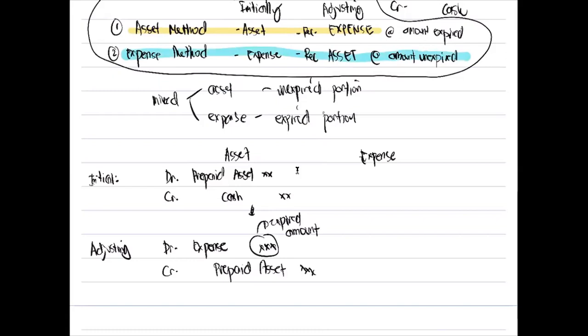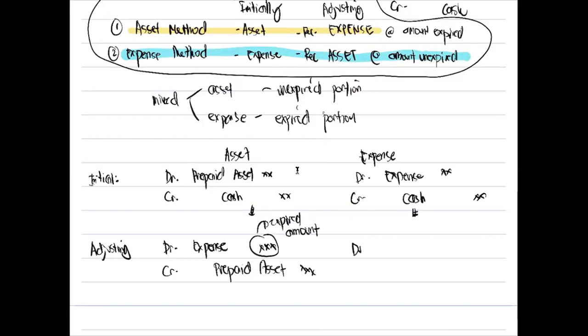So under expense method, we initially record it as an expense. So we debit your expense and we credit cash. And then our adjusting is by recording an asset at amount unexpired.